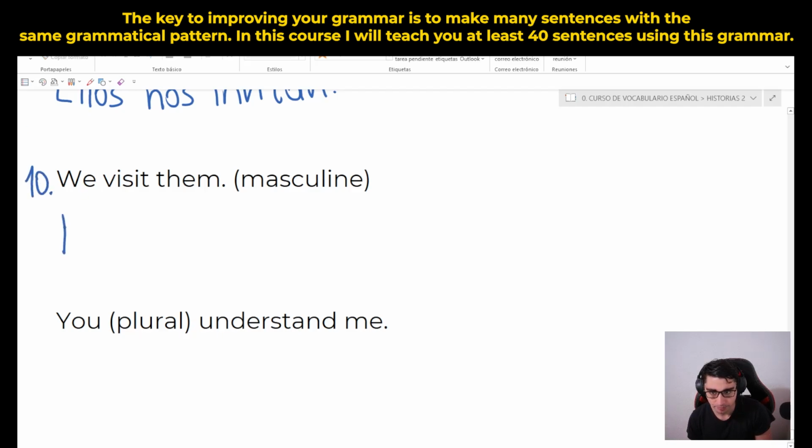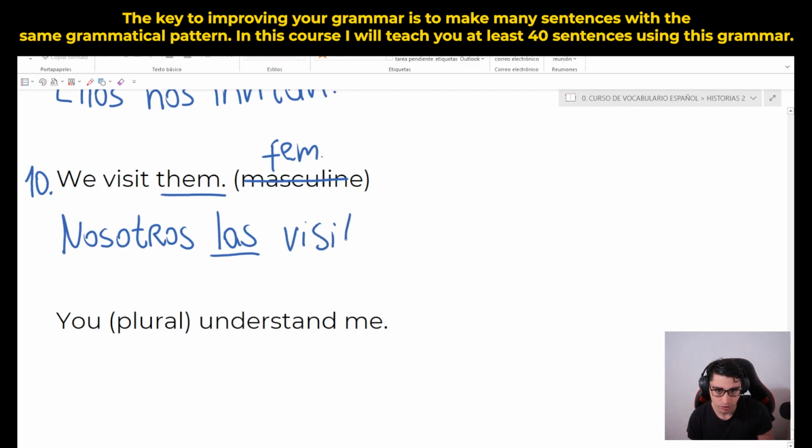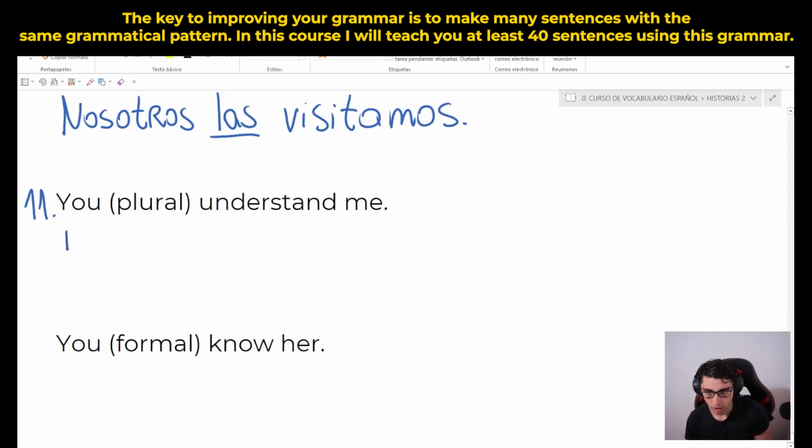Oración número 10. It's going to be nosotros. Let's use feminine this time, okay? Femenino. Nosotros las. This is going to be las. Las visitamos. Okay, nosotros las visitamos. Vamos con la oración número 11. It's going to be ustedes me.